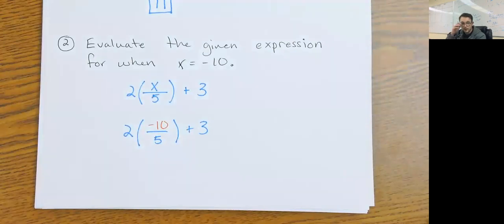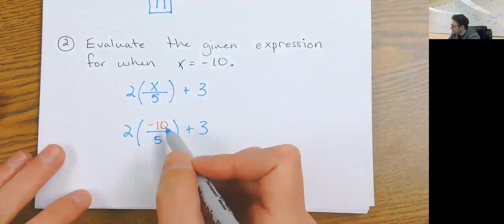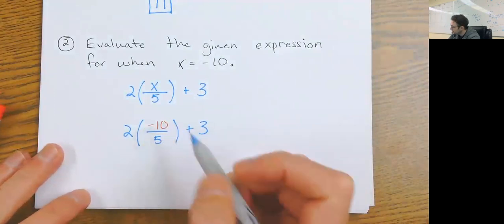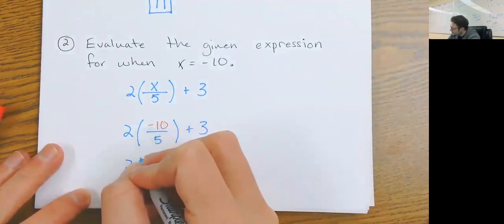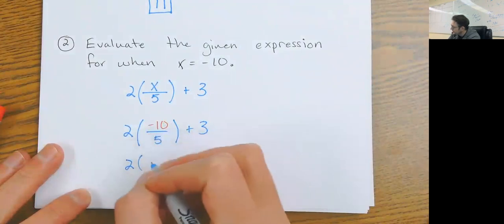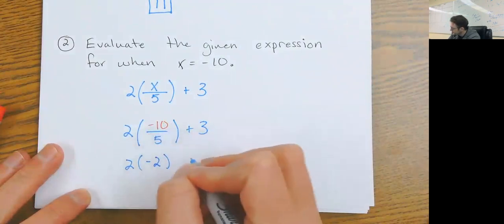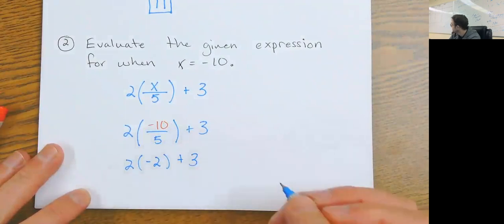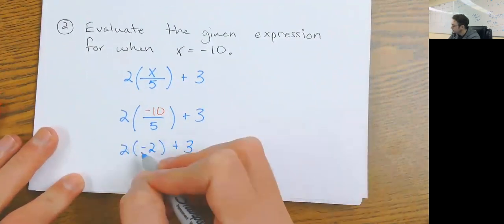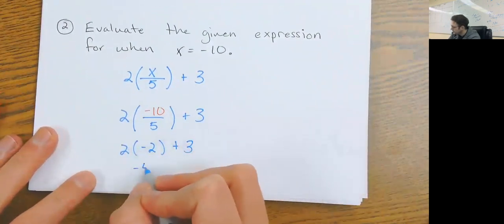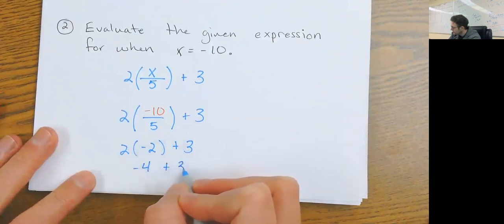All right, so let's simplify this expression now. Let's evaluate this expression. Inside parentheses first, using PEMDAS. So we're going to get 2 times, negative 10 divided by 5 is negative 2, and then plus 3. 2 times negative 2 is negative 4, and then plus 3.